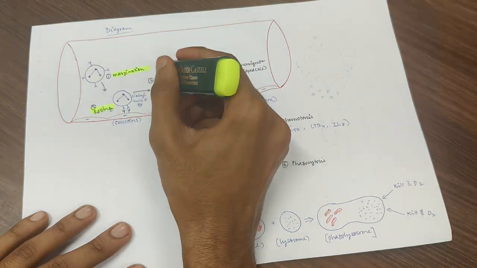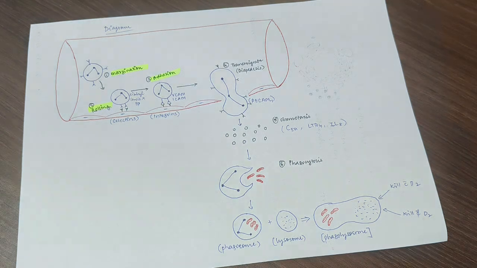The third step is adhesion. Adhesion is a complete stop. Rolling is like putting humps or road breakers. Third is when they slow down, you catch them, that is adhesion. That is mediated by integrins beta 1 and beta 2. VCAM binds beta 1, whereas ICAM binds beta 2.